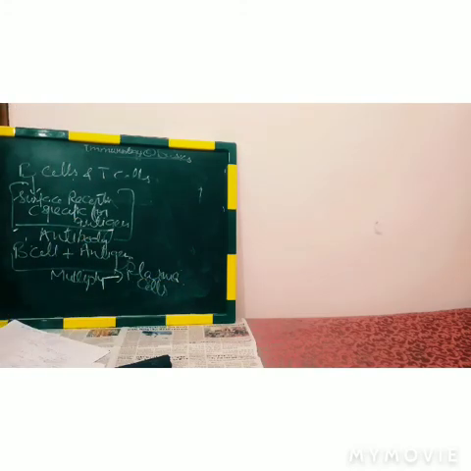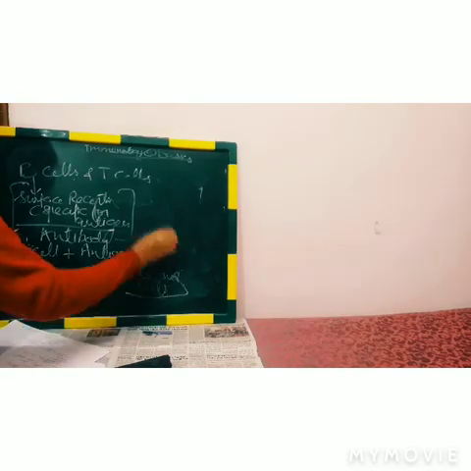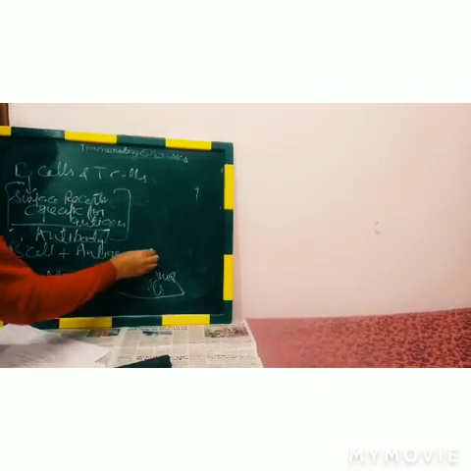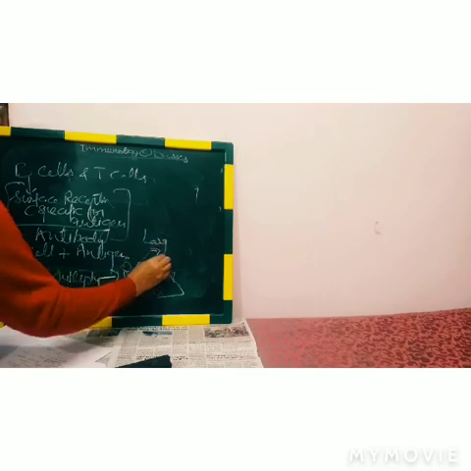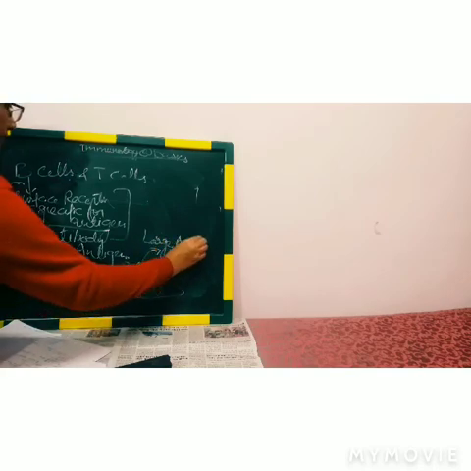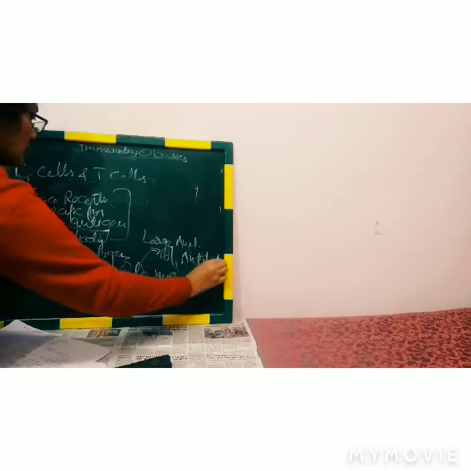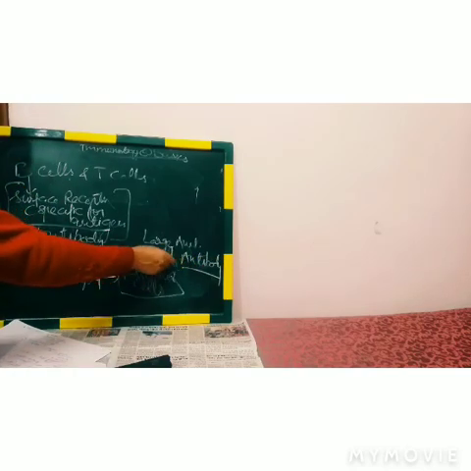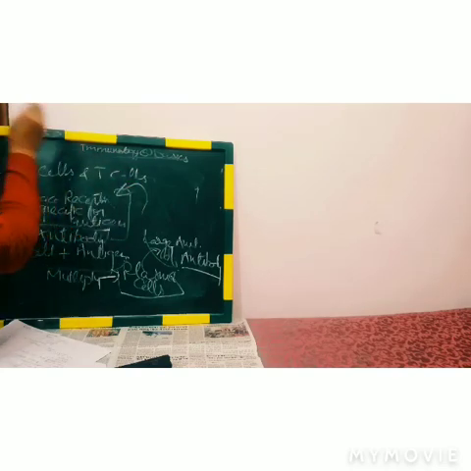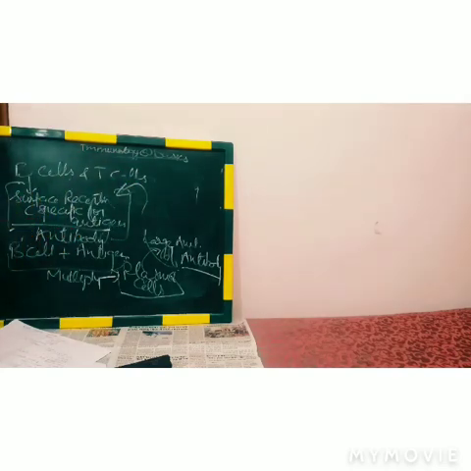These plasma cells produce a large amount of antibody. This antibody is very similar to the surface receptor over the B cell.